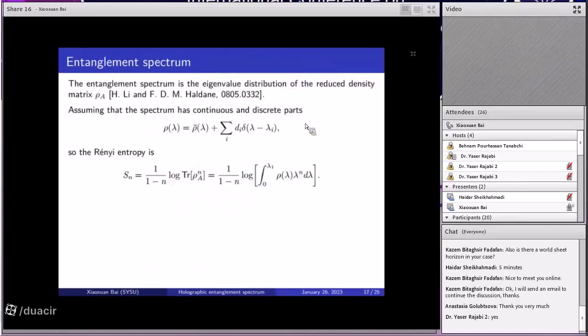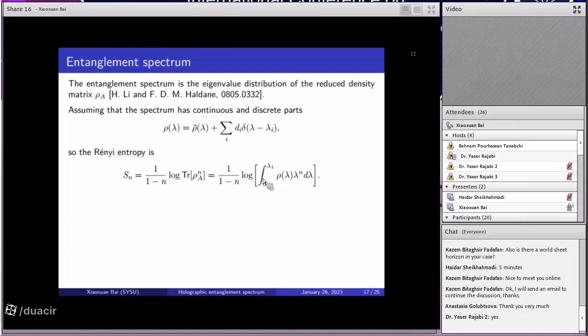Anyway, with the Rényi entropy, we can consider the entanglement spectrum. It's the eigenvalue distribution of the reduced density matrix. Let's first assume the spectrum has a continuous part rho bar and a discrete part which is denoted by some delta functions.